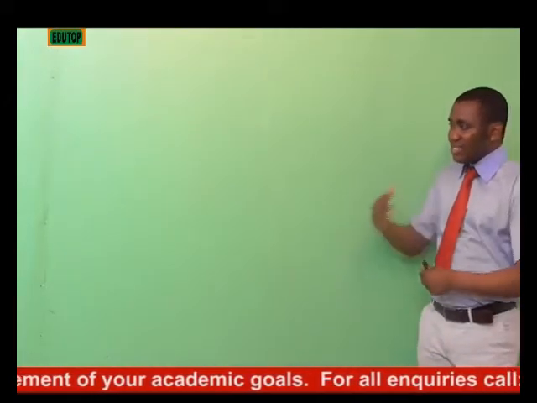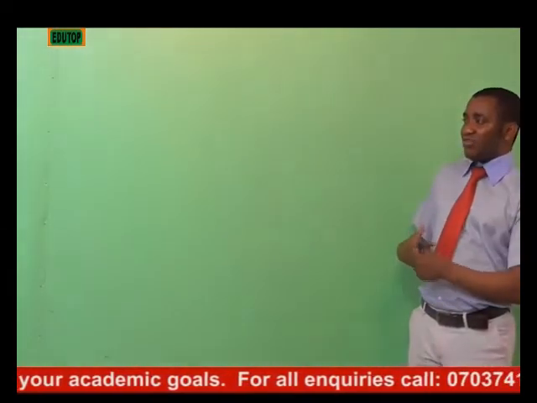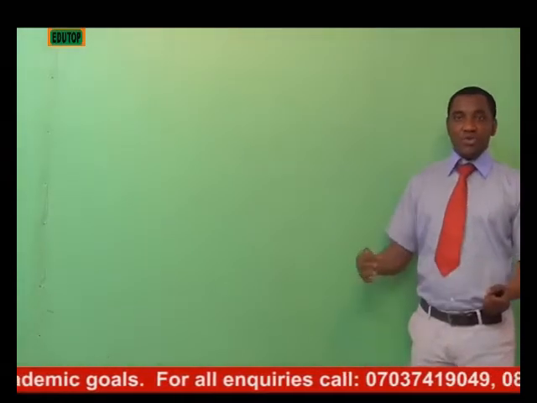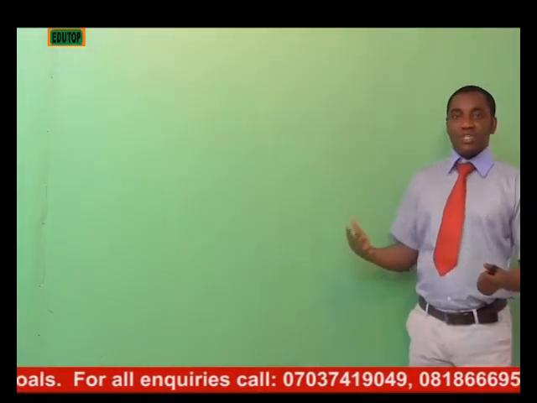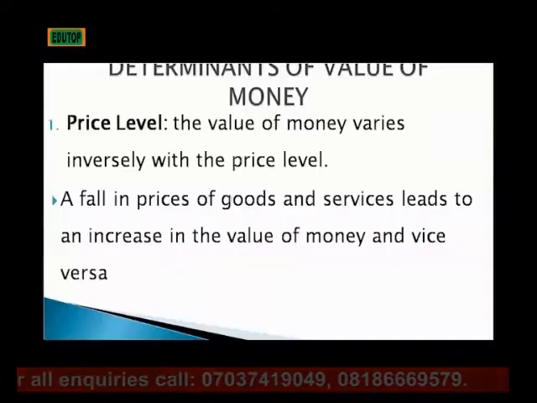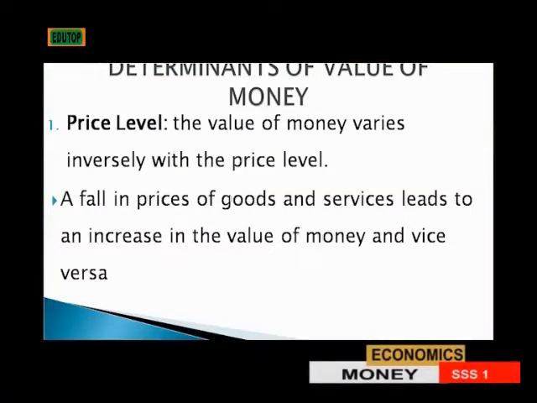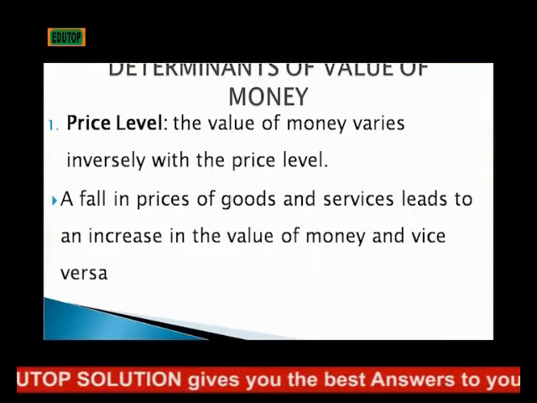But what are the things that determine whether the value of money is very high or very low? The determinants of the value of money, we have three. One, we have price level. The value of money varies inversely with the price level.